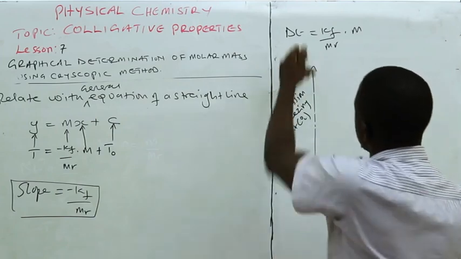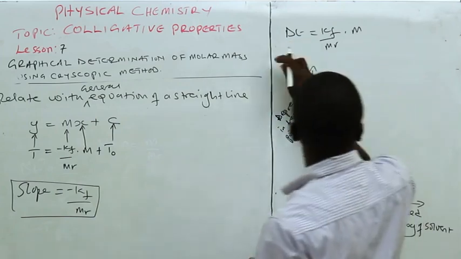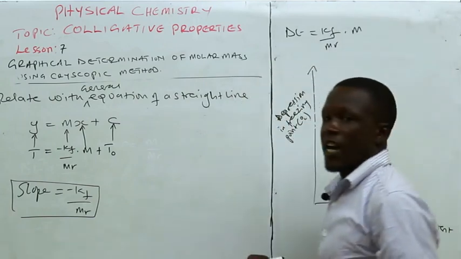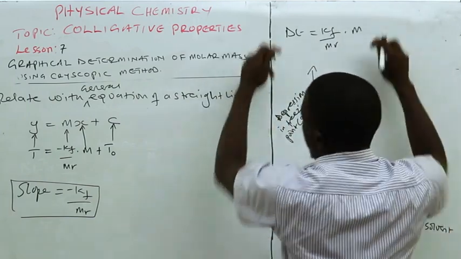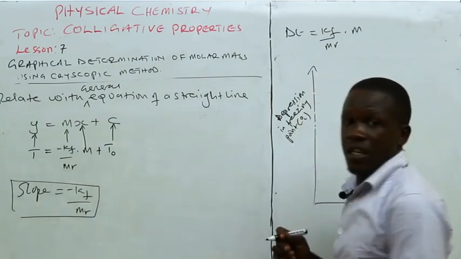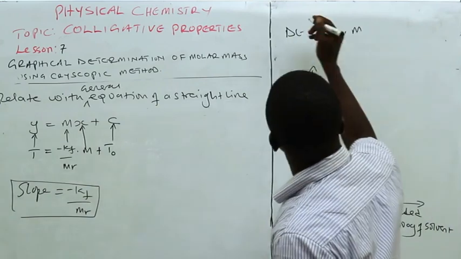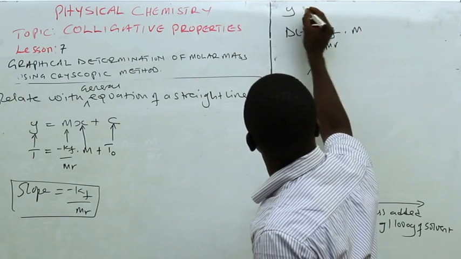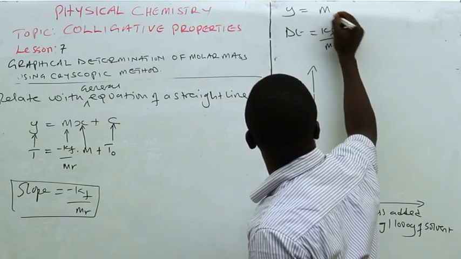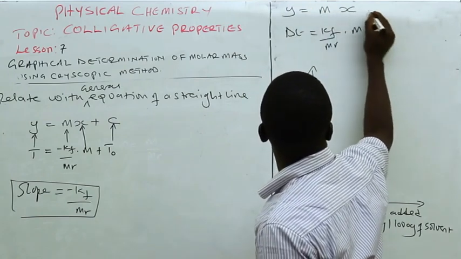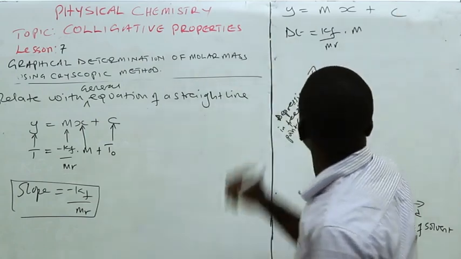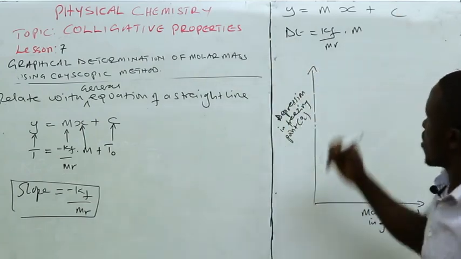So when you look at this graph and compare this equation, this is what we had before we substituted in the dT. If you compare this with the general equation, we could still come up with another graph.